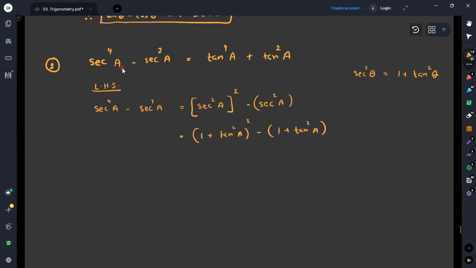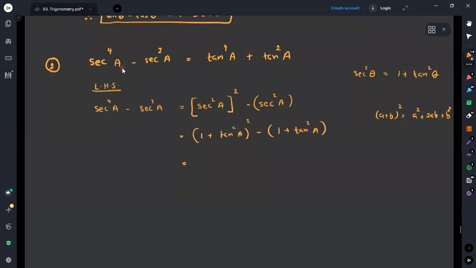Now this is quite like a plus b to the power 2. If you expand it, we get a squared plus 2ab plus b squared. Using this concept, we take a as 1 and b as tan squared a.